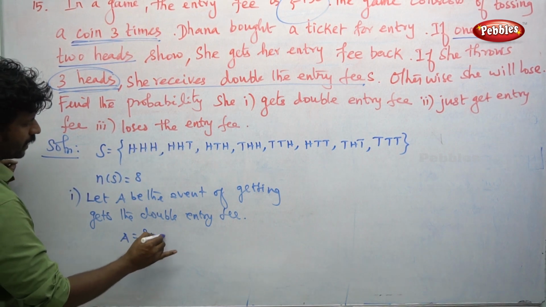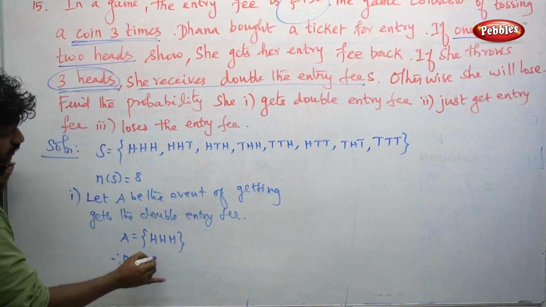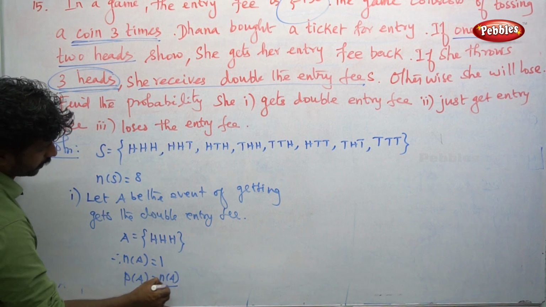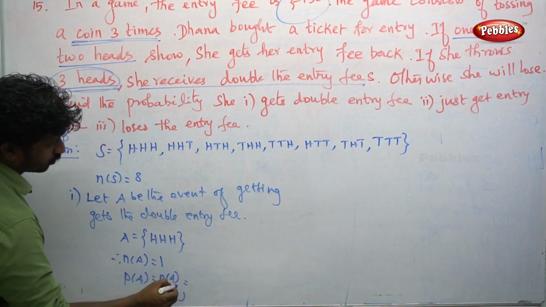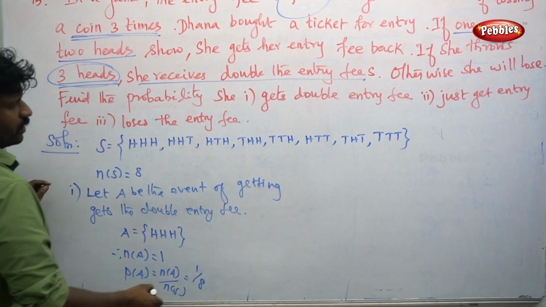So head head head, right? So the n of A is equal to 1. The P of A is equal to n of A by n of S, this is 1 by n of S, 8, right?